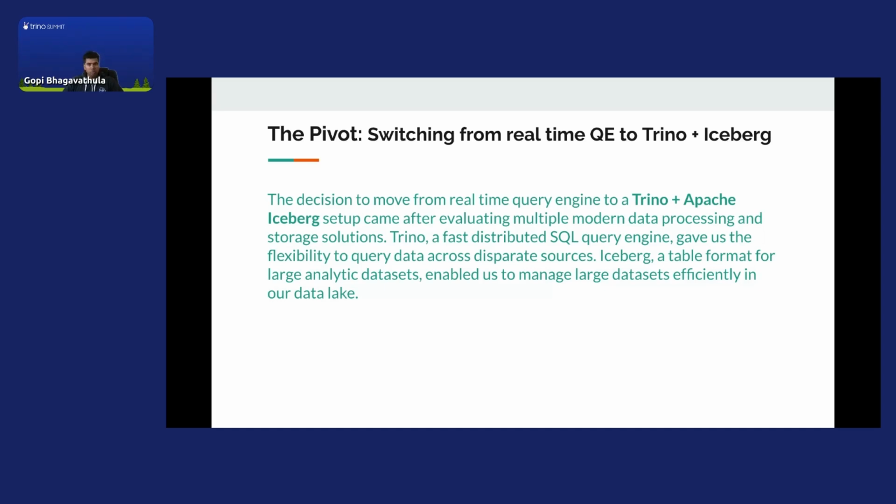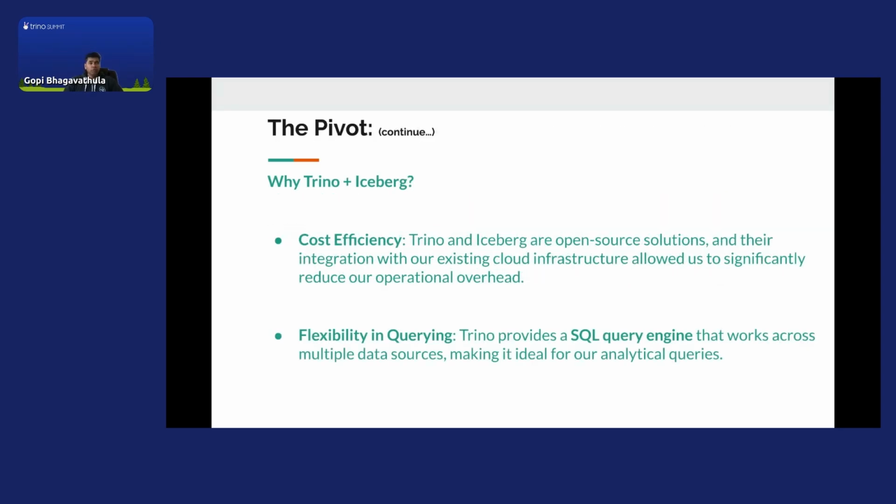Iceberg, a table format for large analytical datasets, enabled us to manage large datasets efficiently in our data lake. Then you might have questioned us, why Trino and Iceberg? Why not others? We have explored all options available for us, out of which we chose Trino.